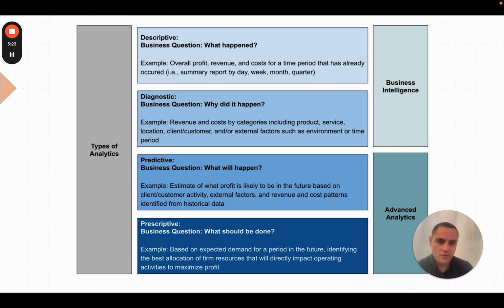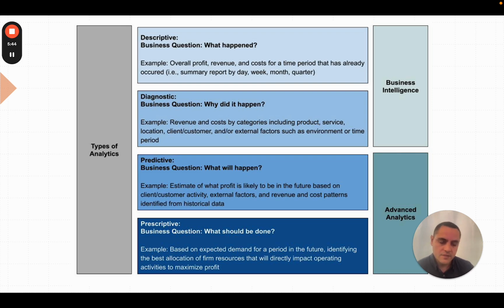Again, that would fall under business intelligence. So you would be able to use a tool such as Tableau to create a dashboard and summarize your overall performance, as well as drill down a little bit further to understand why that overall performance was what it was.